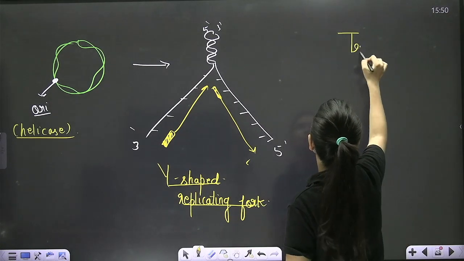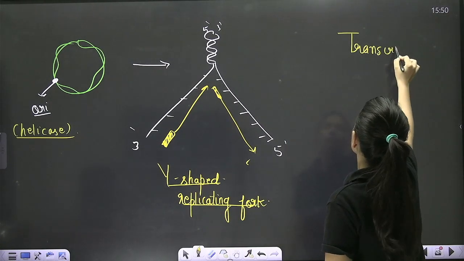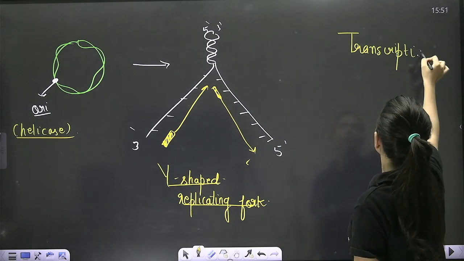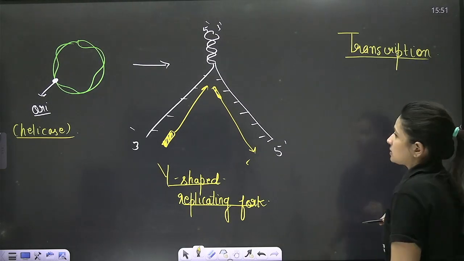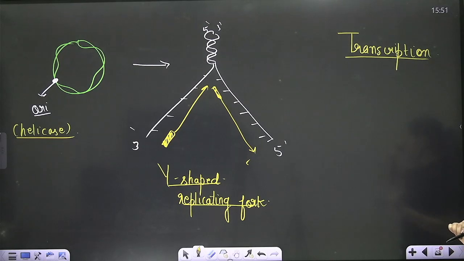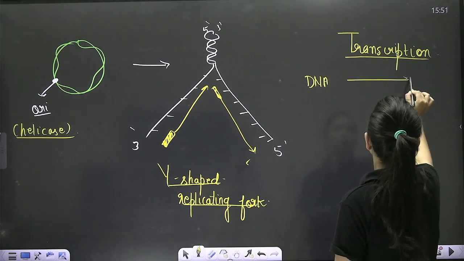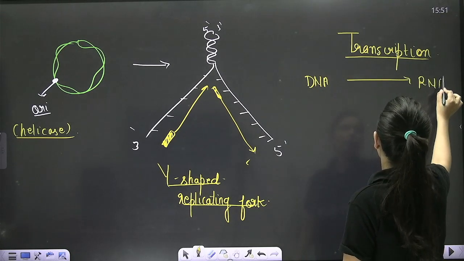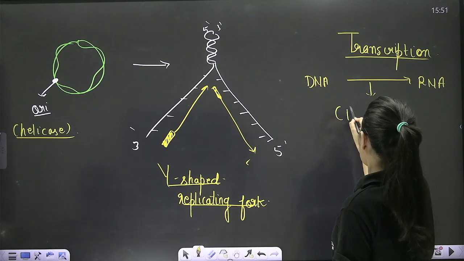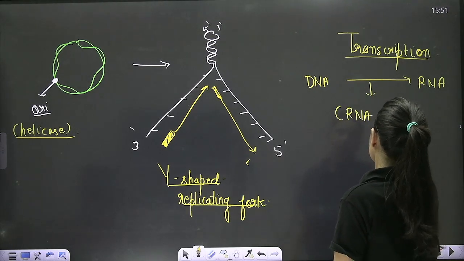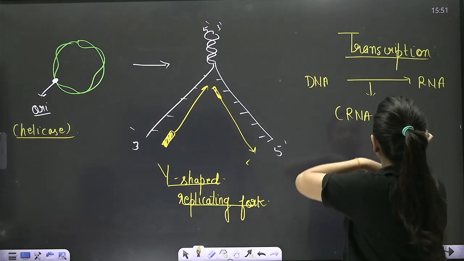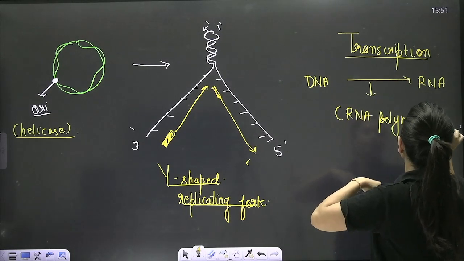which is nothing but transcription. Now see, what basically happens in transcription? From DNA, you are obtaining RNA, and for this job, the enzyme required is RNA polymerase.